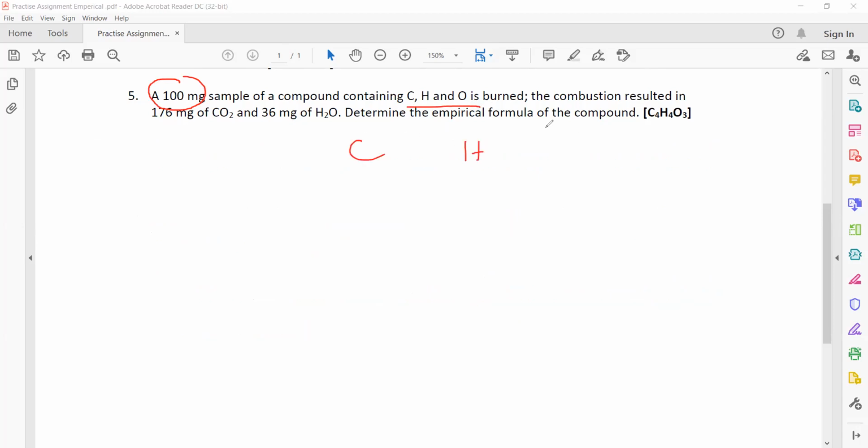But when it is burned, combustion results in 176 milligram of carbon dioxide and 36 milligram of water. So determine the empirical formula.